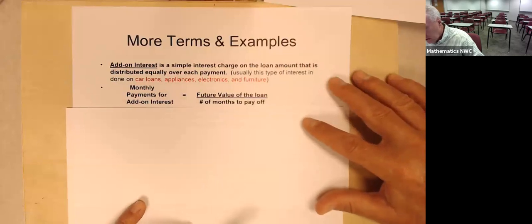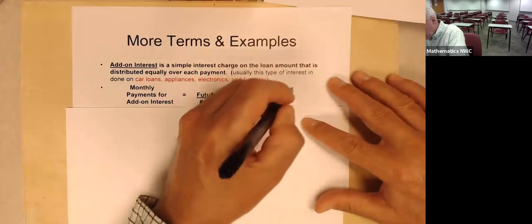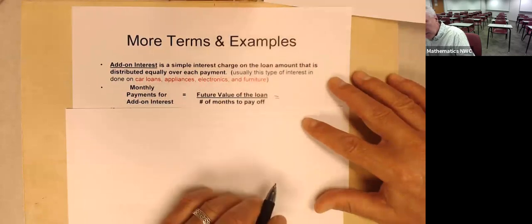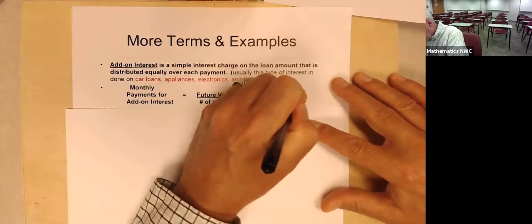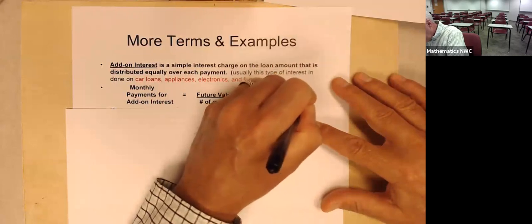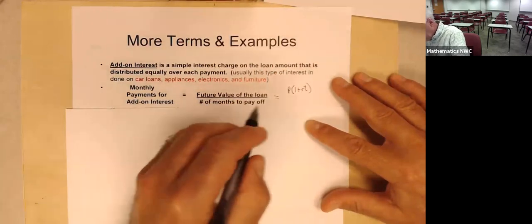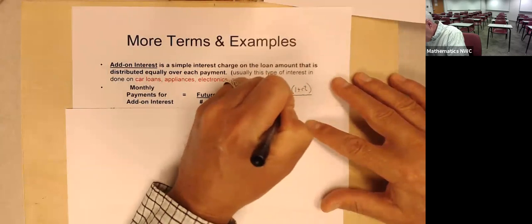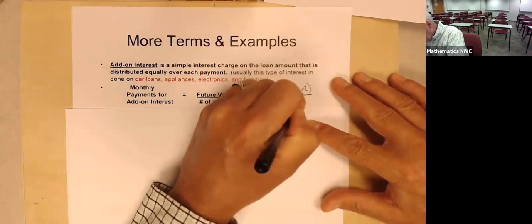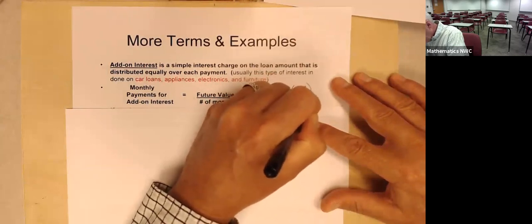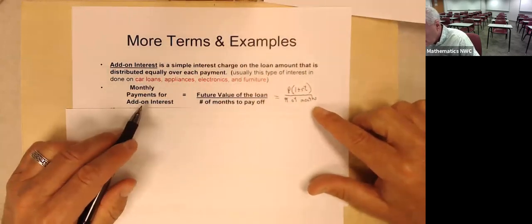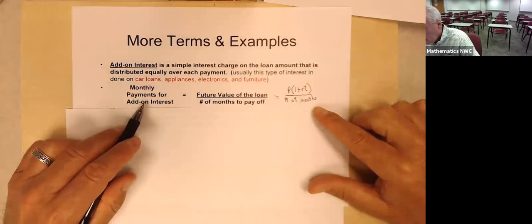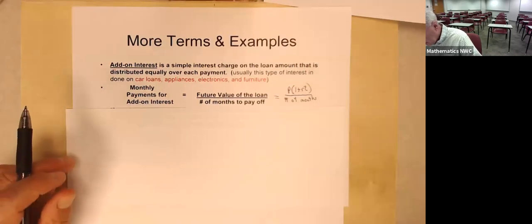You remember that future value, and you could copy this down as well, is equal to that original principal times 1 plus RT, divided by, again, the number of months. This formula you should have down in your notes. You would probably put it on your cheat card when you take your next exam. Okay?